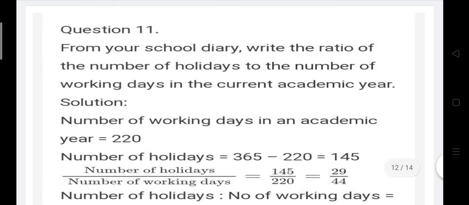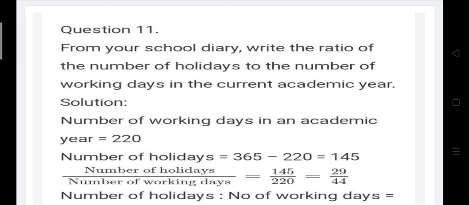Question number 11. From your school diary, write the ratio of the number of holidays to the number of working days in the current academic year. Number of working days in a current academic year, usually we have 220 working days.